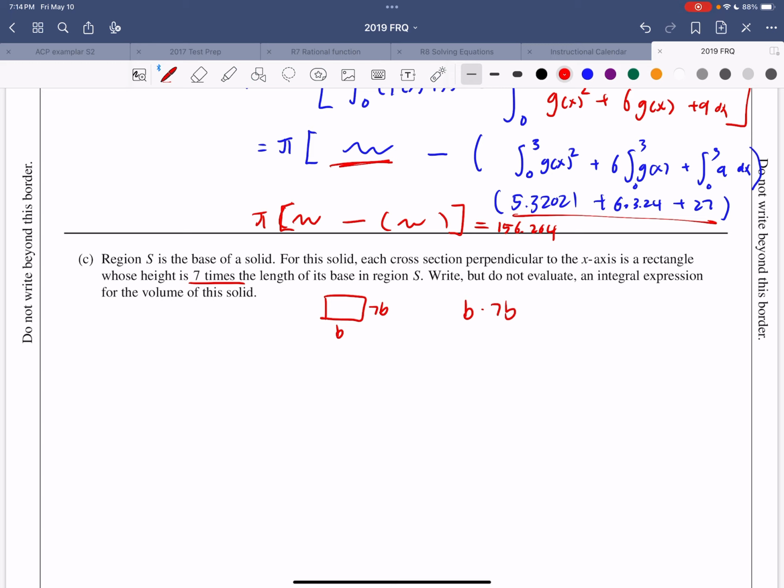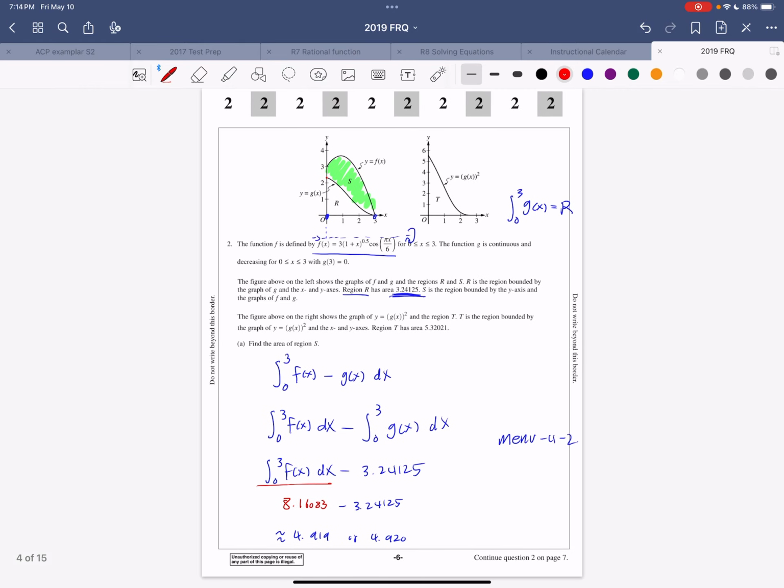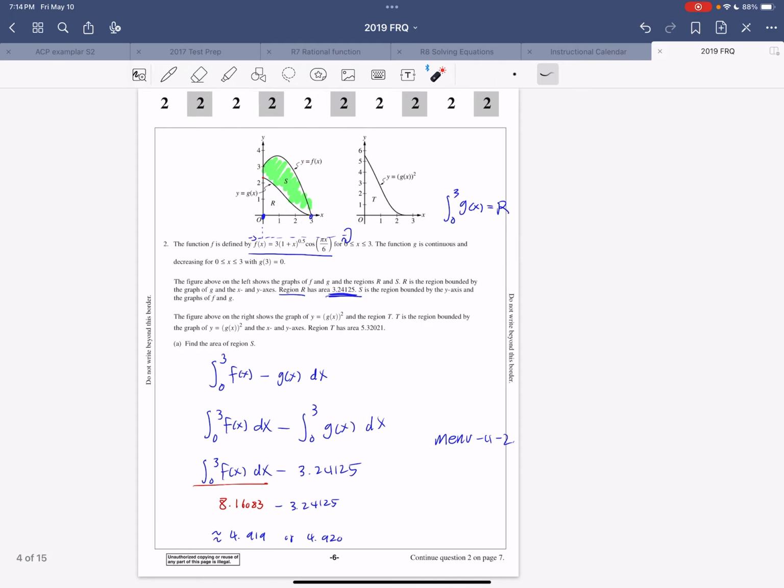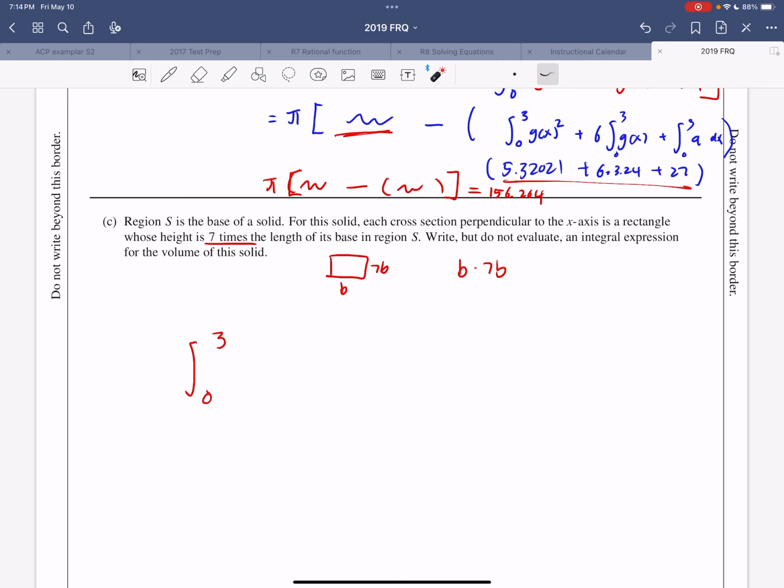So let's do this one. Antiderivative. So this one is also 0 to 3 all the time. Now, what is our base going to be? This is the base, right? Always this minus this. Yeah, so same thing. It's actually easier. f of x minus g of x, right?